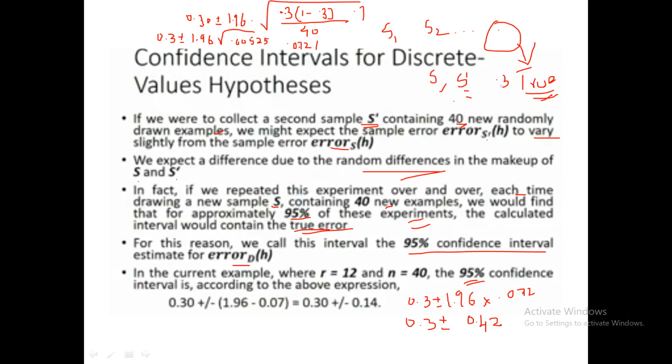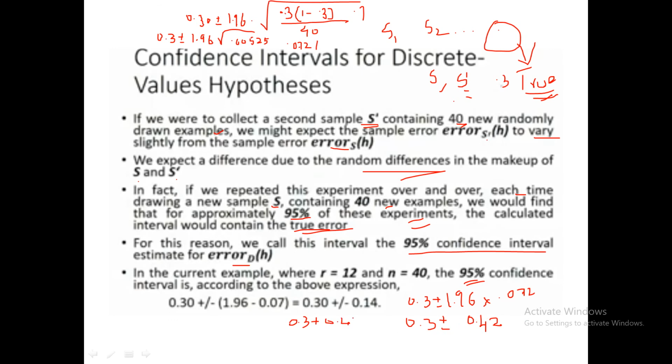Now what we are going to say is that your true error, with respect to 95% confidence interval, will always be the sample error 0.3 plus or minus 0.4.